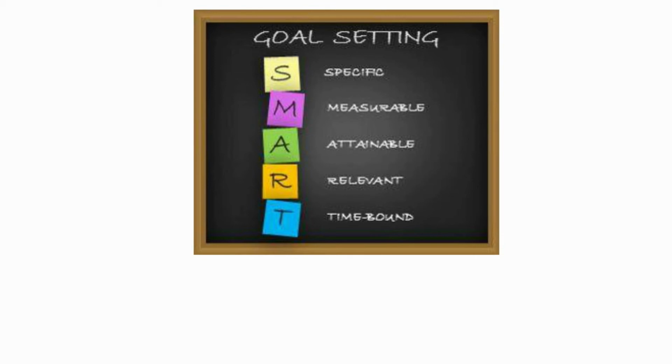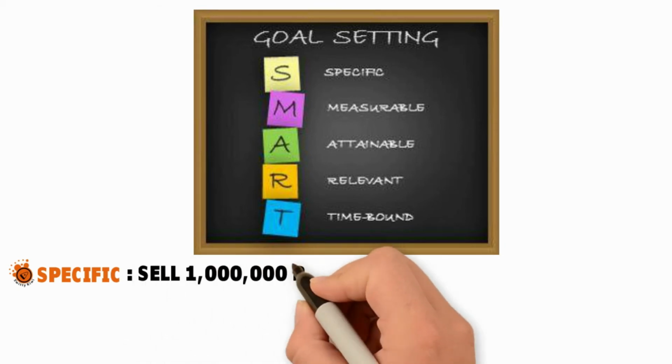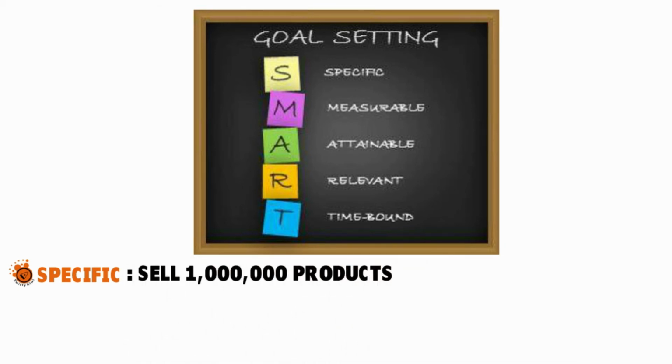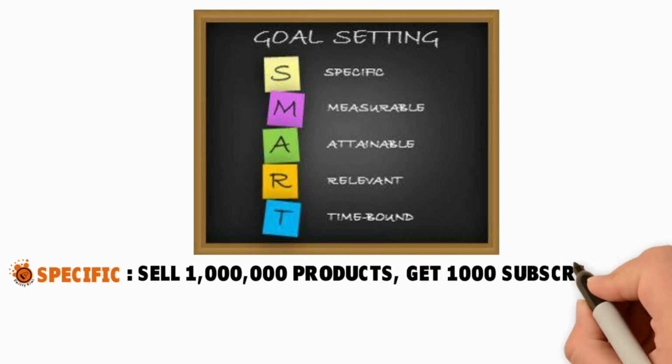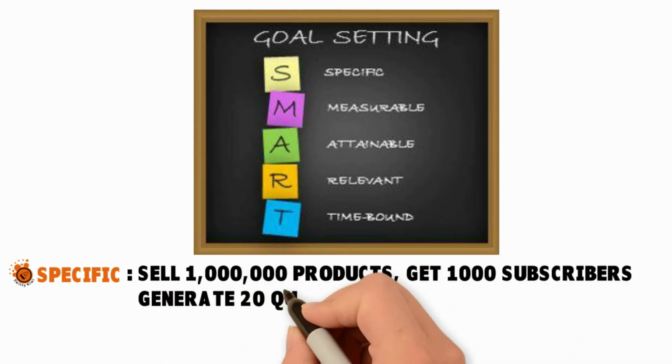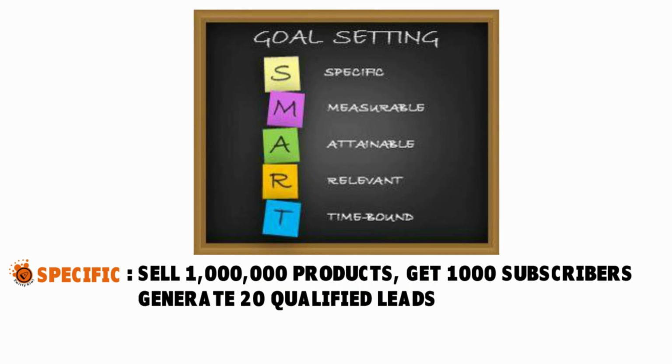Your goal should be clear and specific, and you should be able to write or say it in a way that anyone could understand. For example, sell 1 million products, get 1,000 subscribers, generate 20 qualified leads, right? It's short and nice, very straight to the point.